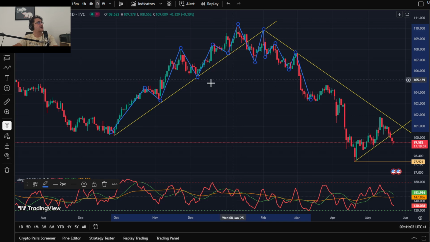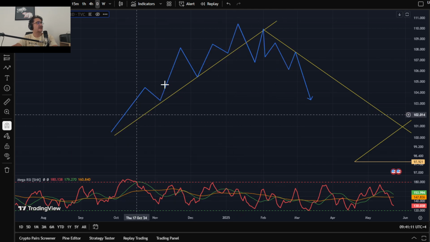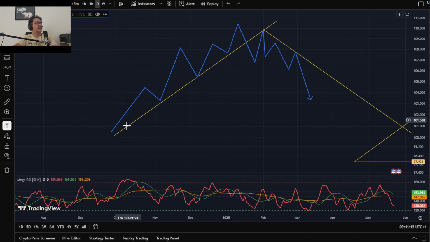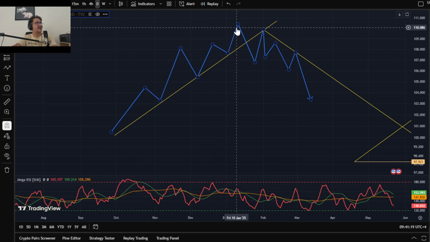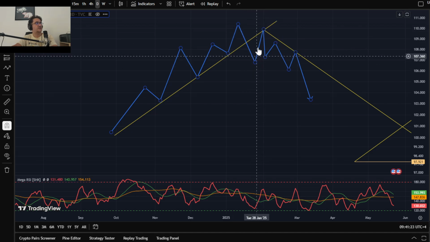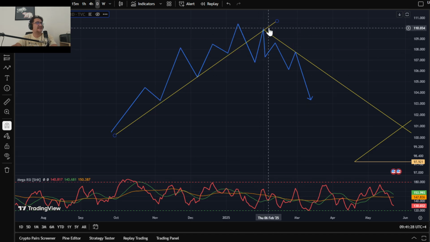Okay, so let me hide the price and just look at these things. The yellow line is the trend line, this is the price action, this is the breakout, this is the pullback. The pullbacks are not always exactly to the line.